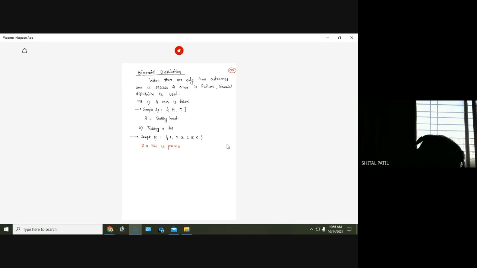Suppose I take 4. Is it prime or not prime? Not a prime. If I take 6, is it a prime? No, it is not a prime. Remaining all numbers are prime numbers. That's it. So in this way, we have to define the X so that we will have only 2 outcomes. One will be success, the other will be failure.